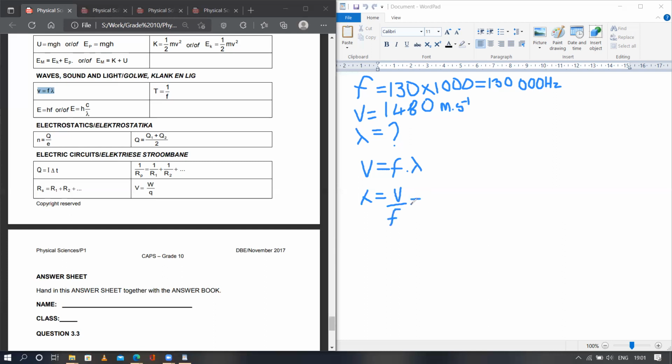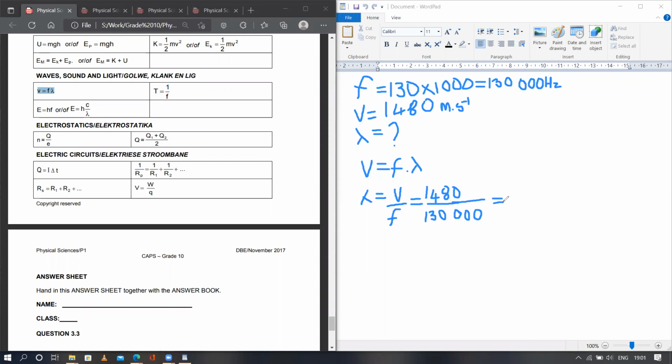So now you're going to have 1,480 divided by 130,000. It's not necessary to state the units when substituting, but if you want, you can.